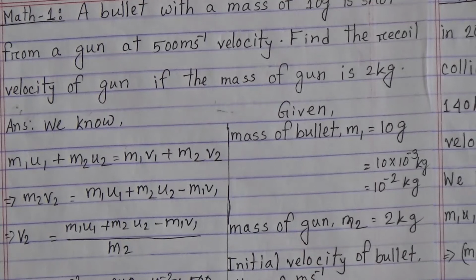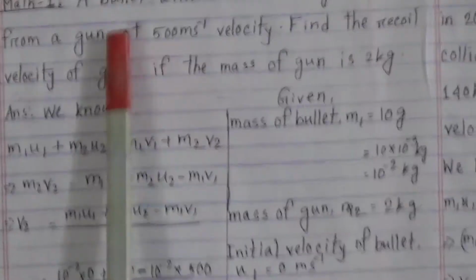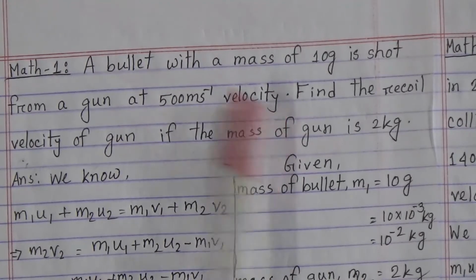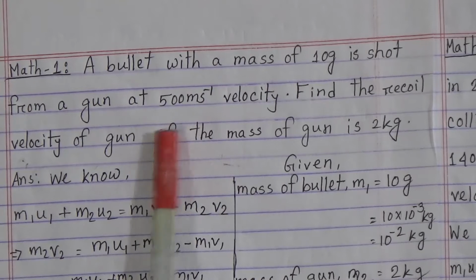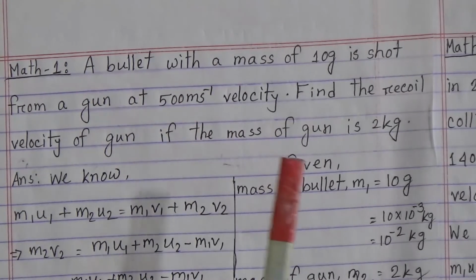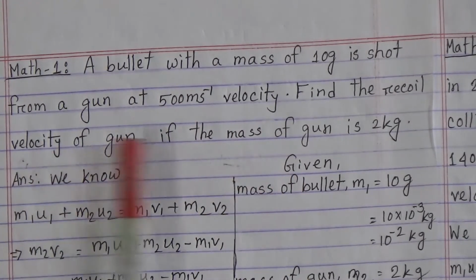The final velocity of the bullet is given, from a gun at 500 meter per second velocity. This is the final velocity of the bullet, v1 is 500 meter per second, and we have to find out the final velocity of the gun, v2.